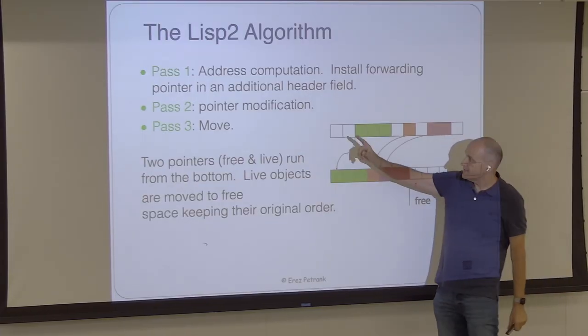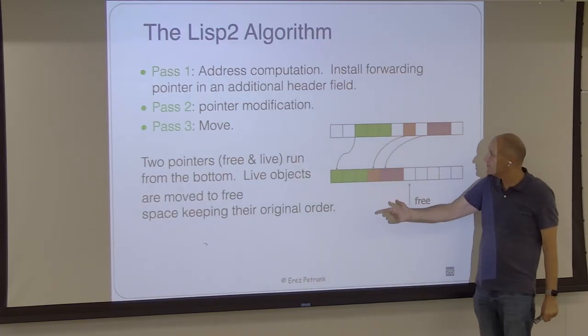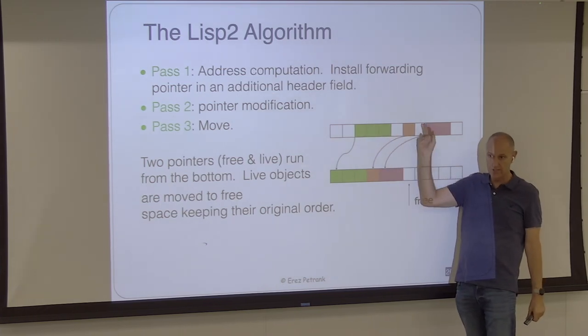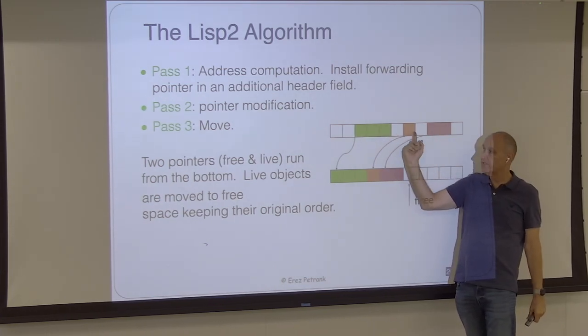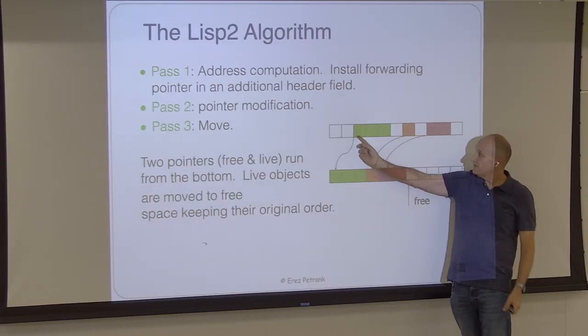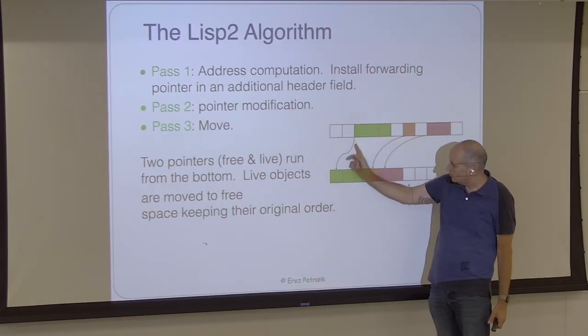And now in the second pass, I'm going to modify all the pointers. So I'm going to go over each pointer that's in objects. I'm going to look where it's pointing. So maybe it's pointing to the green object, and then I know where it's moving. So there is a forwarding pointer.